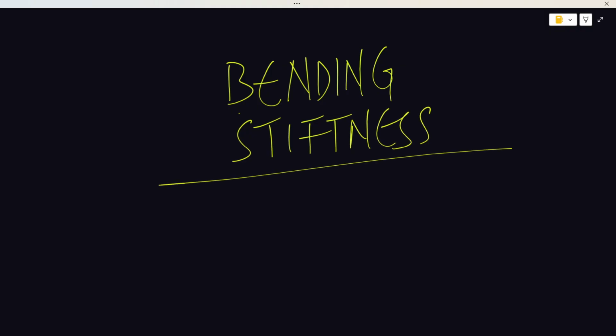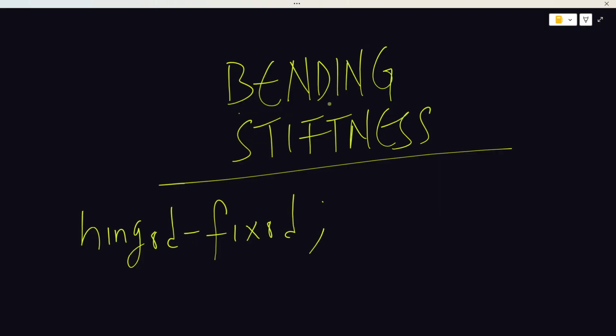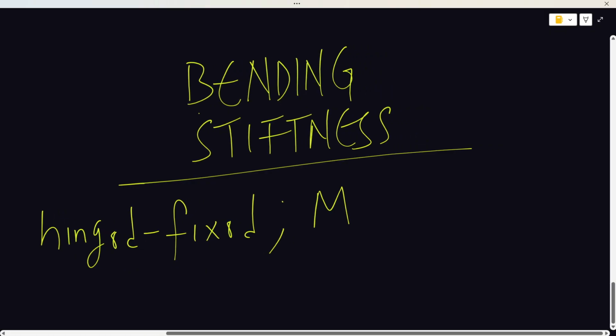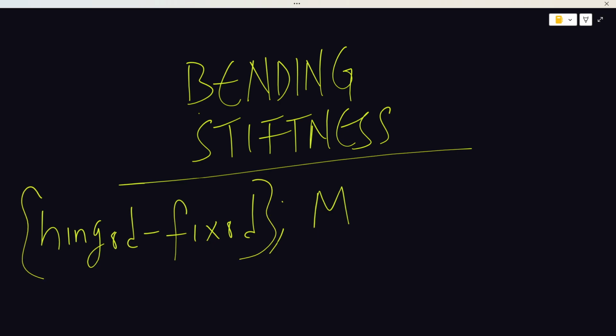Now, for a hinge fixed, which is the first case, we saw the moment applied at the near end, where the near end is hinge. Please don't mix this up. This scenario is for when the near end is hinge.